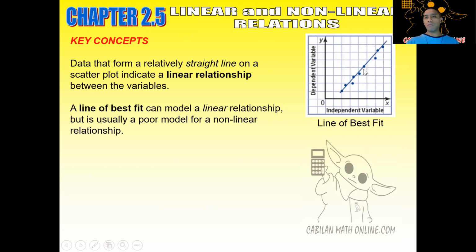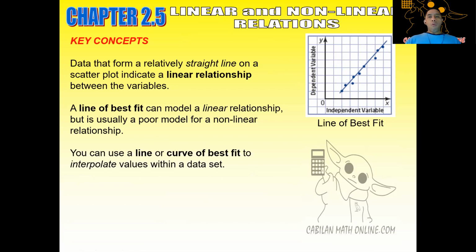A general rule of thumb when drawing a line of best fit is to have an equal number of points on the line, and an equal number of points above and below. In this example, approximately 2 or 3 points are on the line, and 2 or 3 points are both above and below it. That's an example of a line of best fit. We'll be seeing a lot of that in this course, believe it or not.